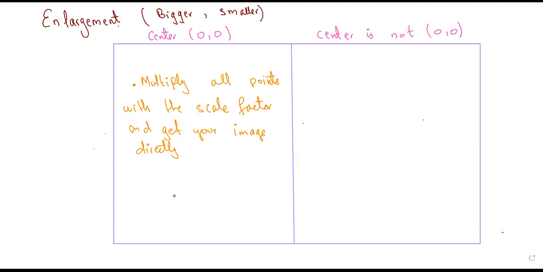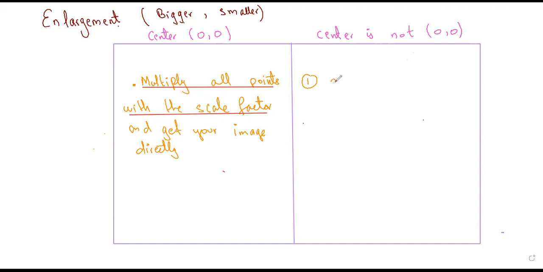So in this case, you are going to multiply all the points with the scale factor, and that is it. You would get your image directly. But in this case, when center is not 0, 0, you need to do 3 steps.